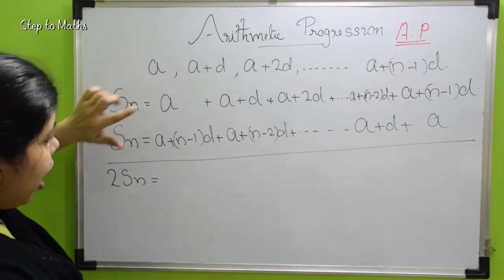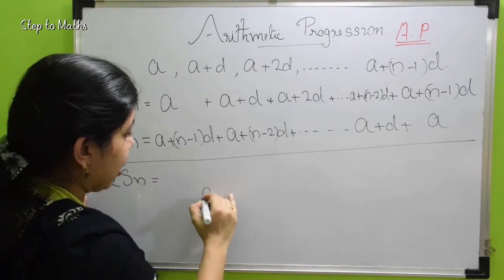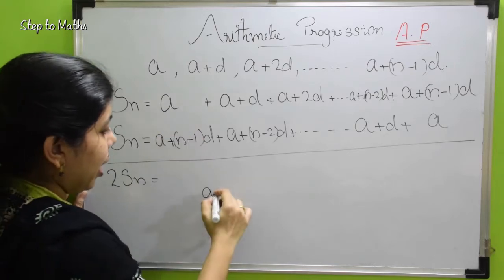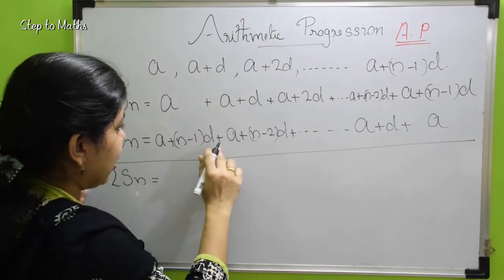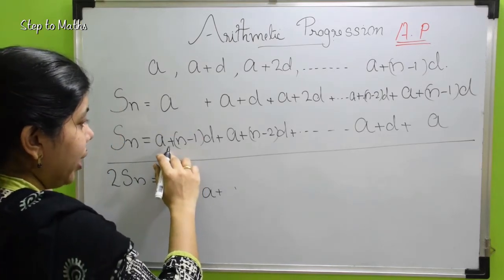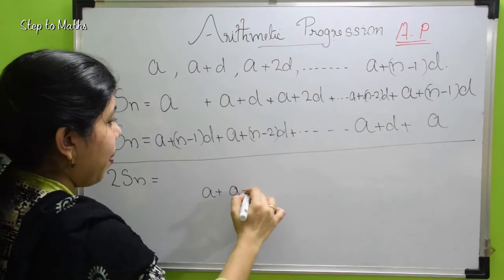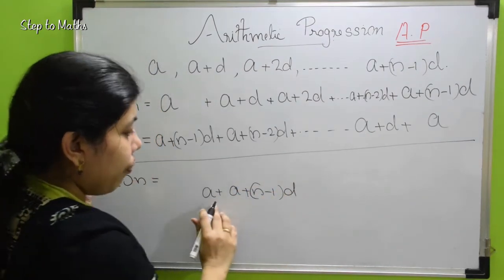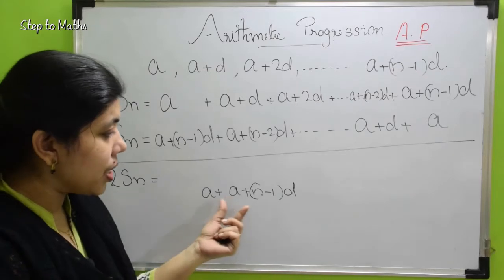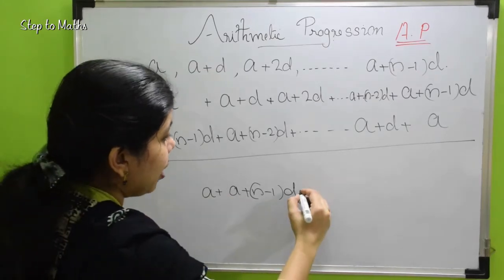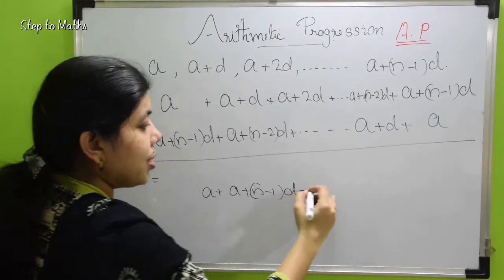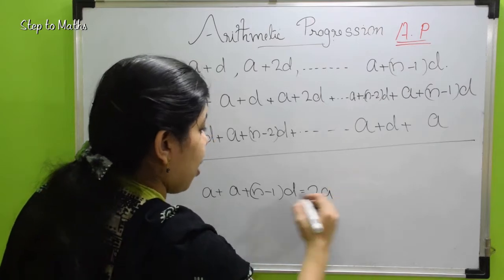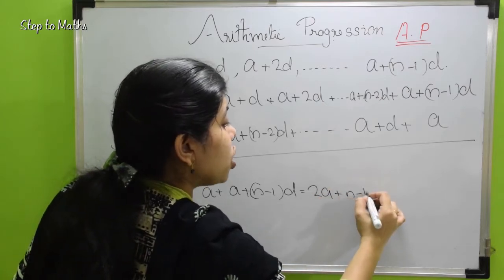Next, on the first row it is a, and on the second row it is a plus n minus 1 into d. If we add these two terms, a plus a plus n minus 1 into d, that is 2a plus n minus 1 into d.